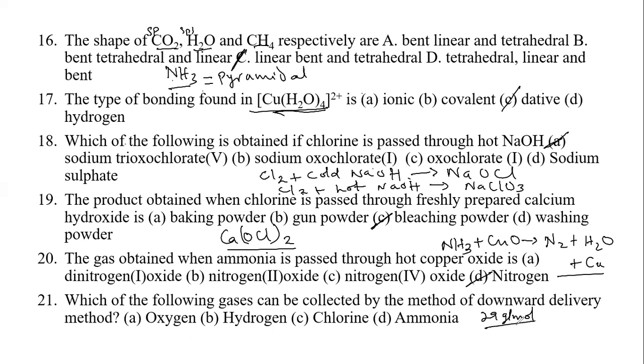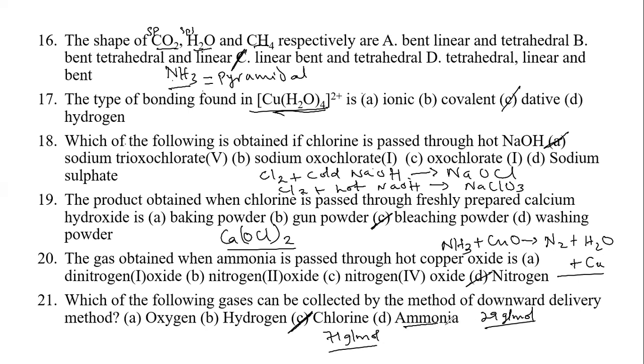Because chlorine is denser than air, having 71 grams per mole, it will be collected by downward delivery method, which is option C, chlorine.